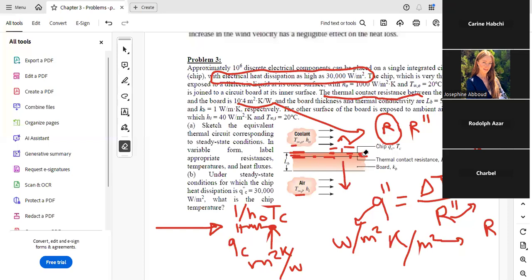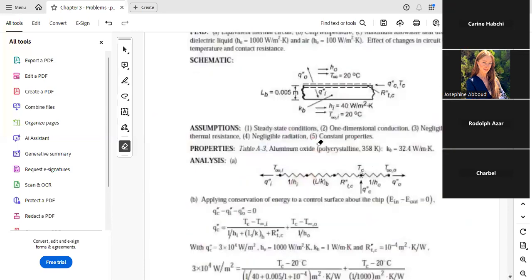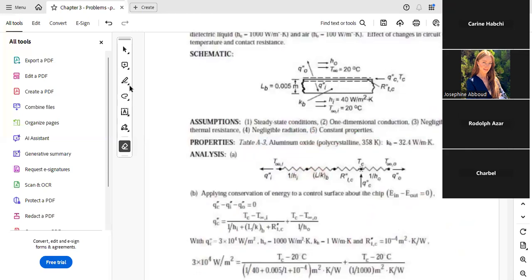Yes, first, which conduction, the contact resistance? So I have the resistance to conduction due to thermal contact. Then I have the conduction resistance of the board. And finally, I have the convective resistance from the inner side, okay? So if I want to illustrate my thermal circuit, it will be of this shape.